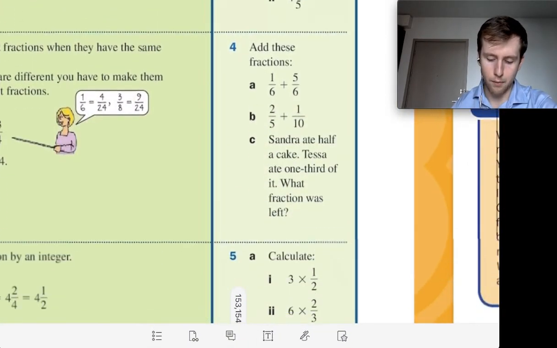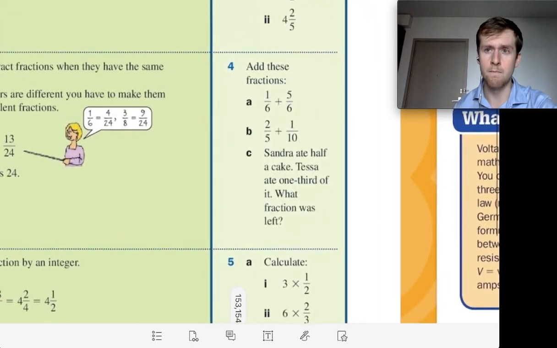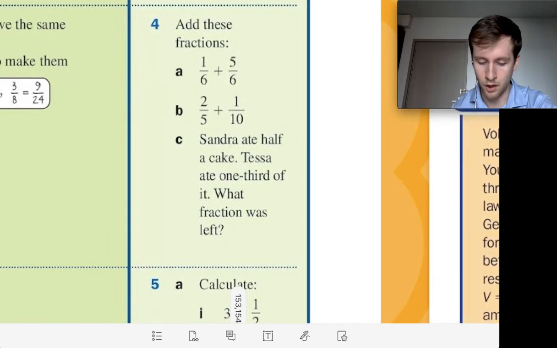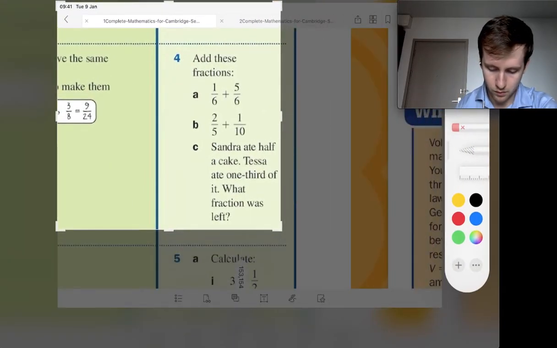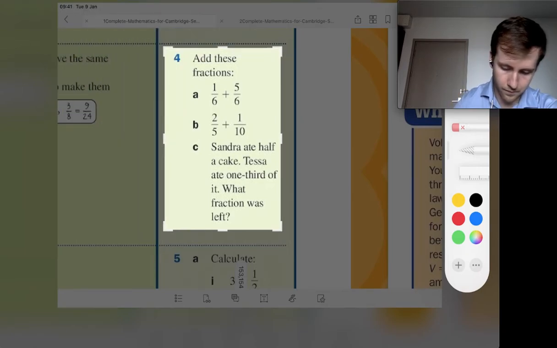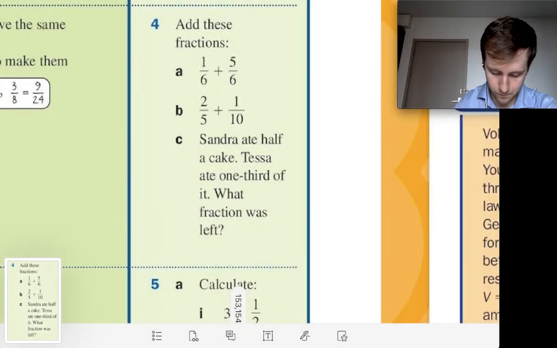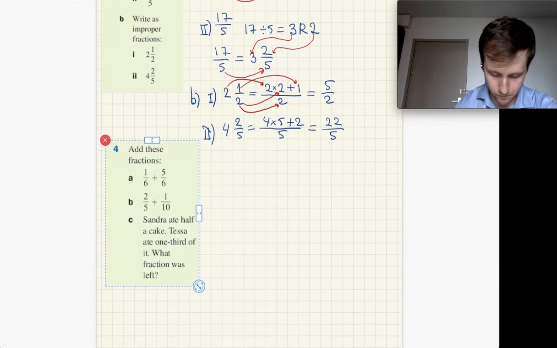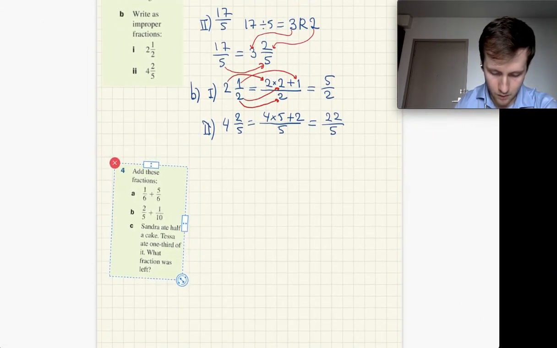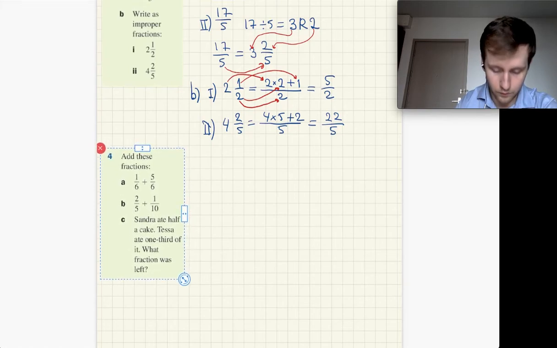What else do we have about fractions? Addition of fractions. Let's do this as well. Add these fractions.